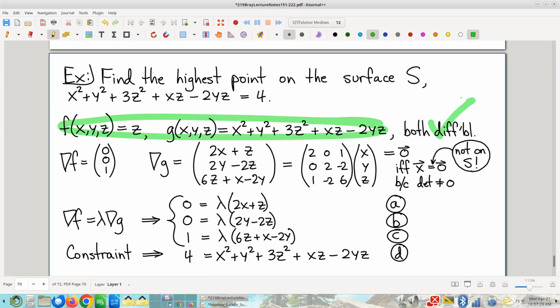Now, let me address a very common mistake that a lot of students make. A lot of students will look at this and say, well, that was a waste of time. It didn't yield any critical points, so why do we even have to do it? And the answer is, you have to do it because if you want to claim that you have found all the critical points, you actually have to check everywhere.